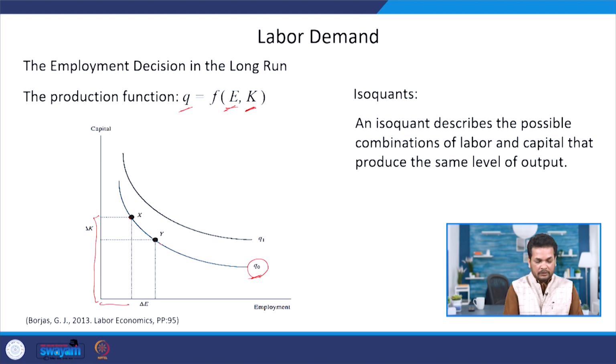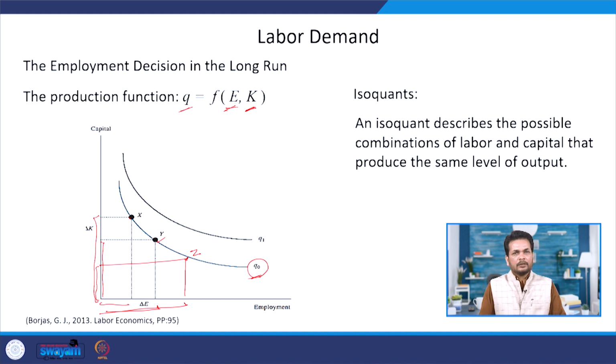The farm can also operate at point y, employing this much capital and this much labor. Or the farm can go for the combination at point z.